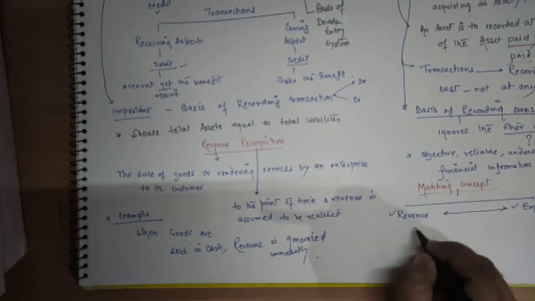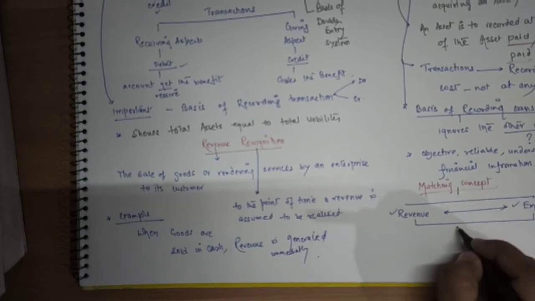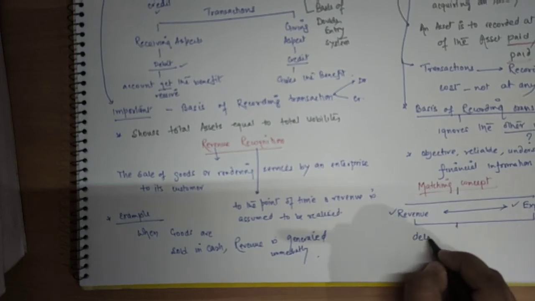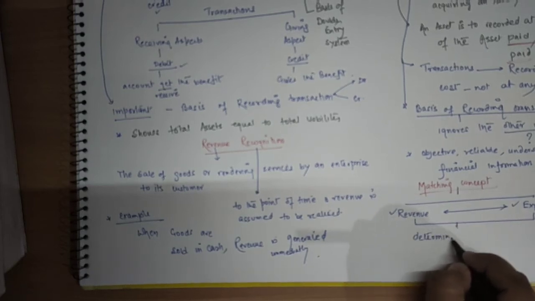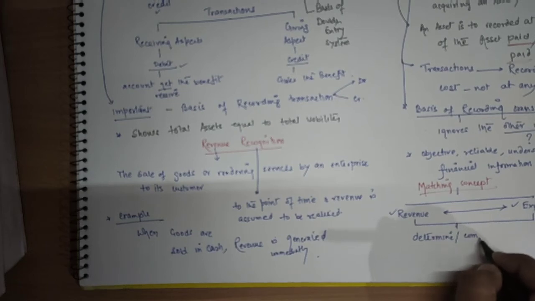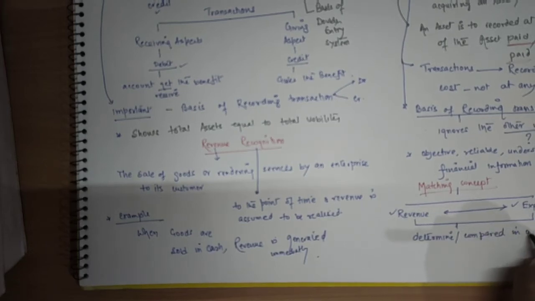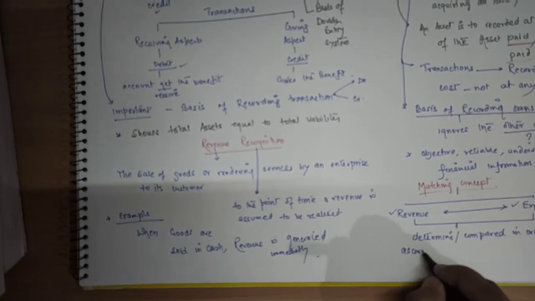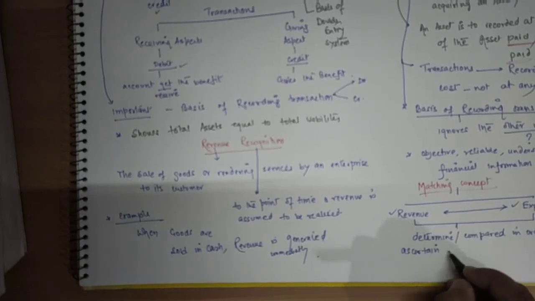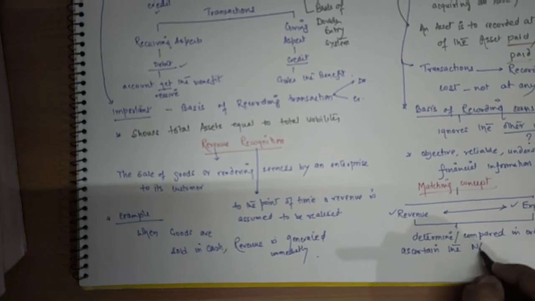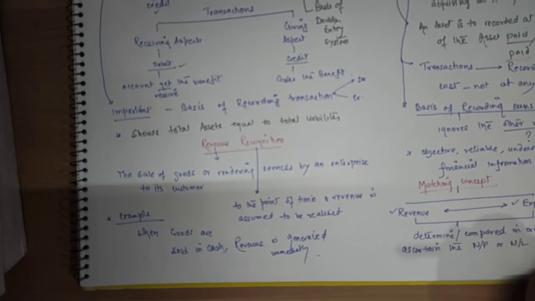Revenue and expenditure are determined and compared in order to ascertain the net profit or net loss during the period.